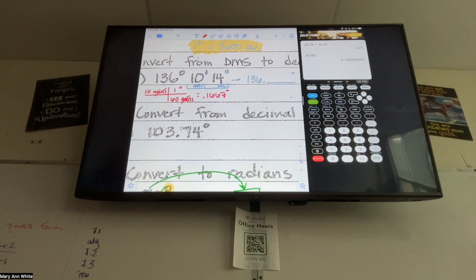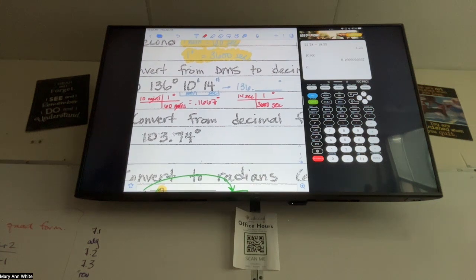Okay, now we gotta do the 14 seconds. We're gonna do the same thing. We're gonna make that 14 seconds into degrees. And if you remember, I actually can still see it on the board. 1 degree is equal to 3,600 seconds. We gotta cancel my units though, so the seconds has to go on bottom and my degrees goes on top. So that means I'm gonna divide 14 by 3,600. And again, I'm gonna get a small decimal, which makes sense because I told you we were gonna get a small decimal over here.